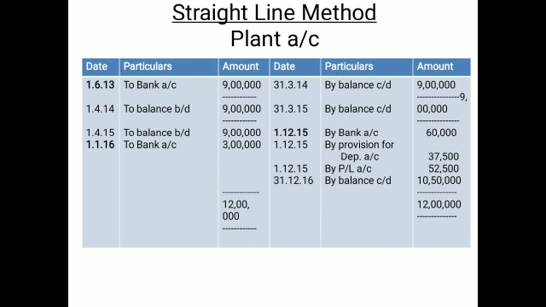And when it is shifted to the plant account, the provision for depreciation will come here on the credit side, 37,500. See the difference and compare it with the value of 1,50,000 going to be sold, and that means the difference is coming 52,500 and the machinery will be closed. And now you may see only the 7,50,000 and 3 lakh machinery is remaining. Now the total is leading to 10,50,000.